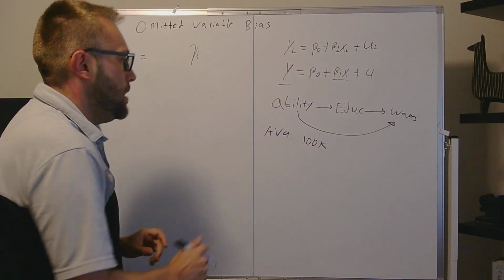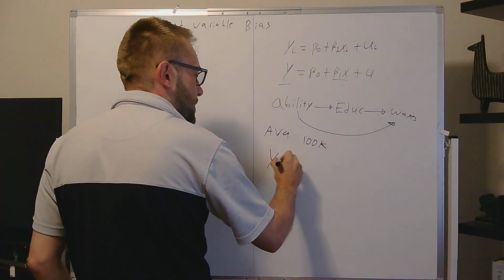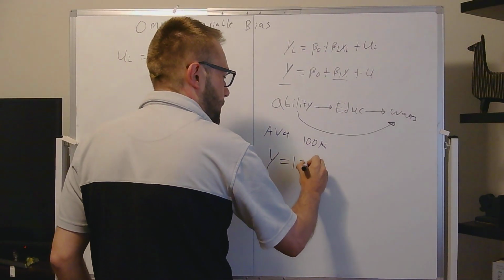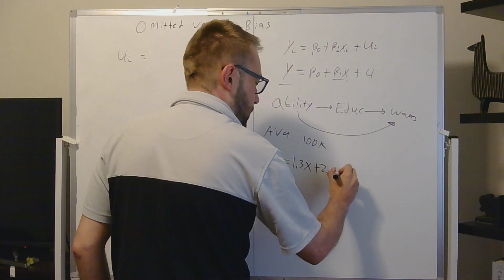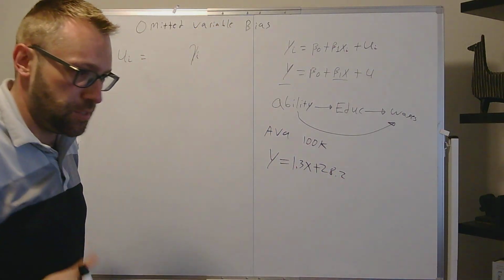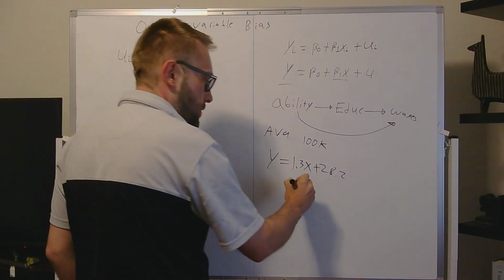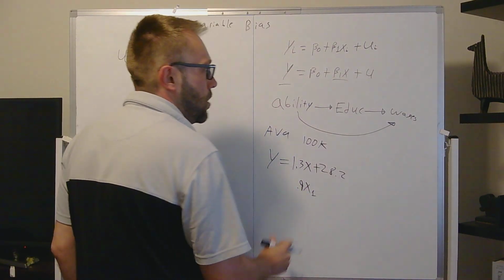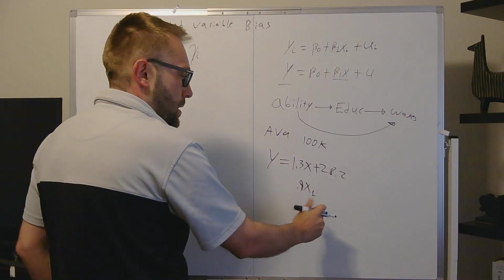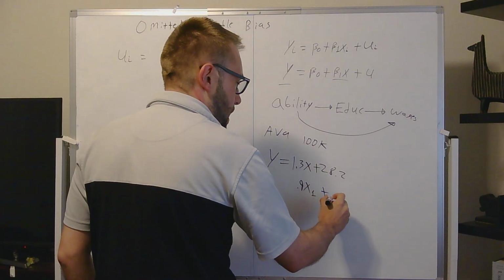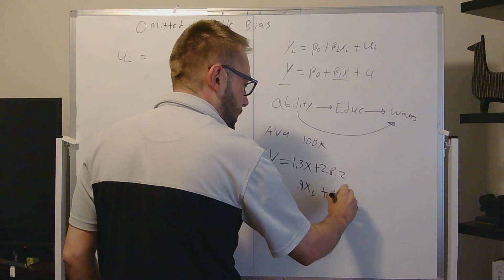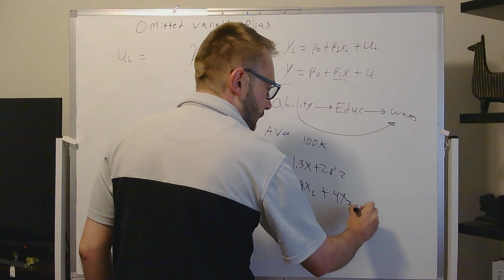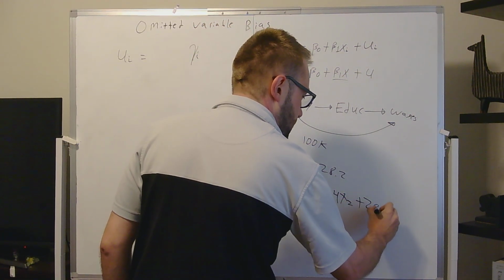And so recall when I had said that we had this function y equals 1.3x plus 28.2. Suppose that the real relationship, because of ability, is actually 0.9x1. We'll call that the education term. And then we add to that 0.4x2, and then our intercept of 28.2.